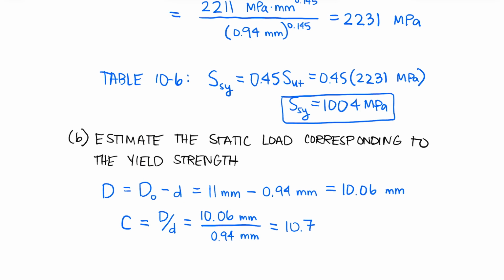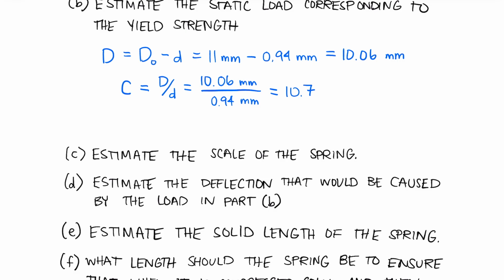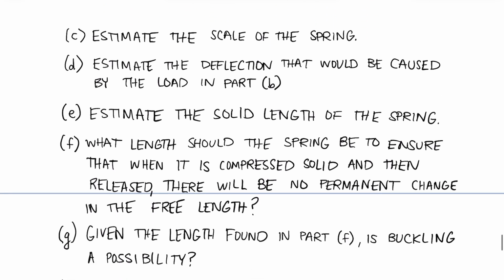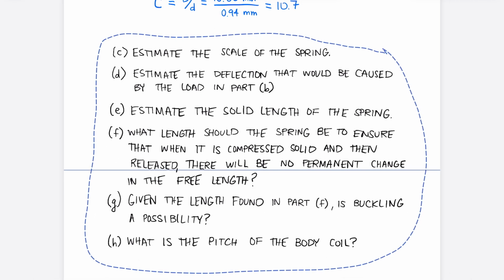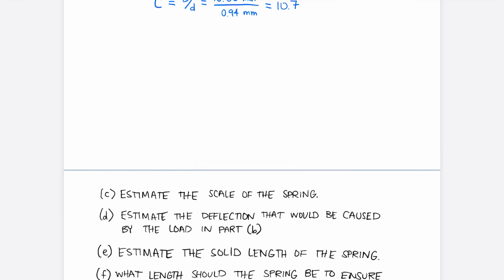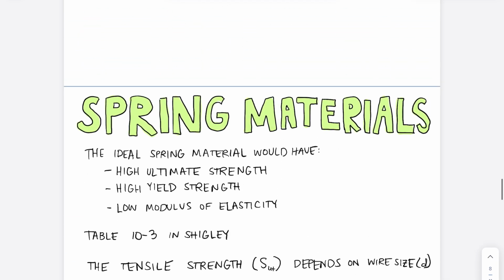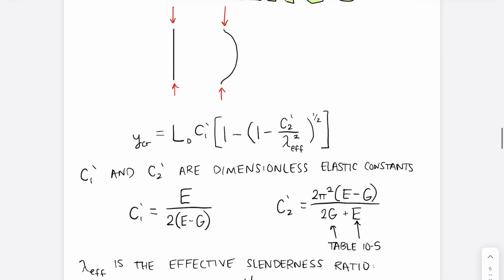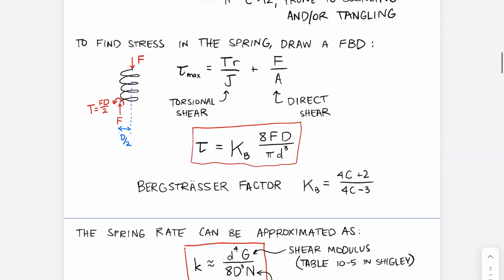Okay, now we can find our torsional yield stress, so our tau max. Let me move some of this stuff out of the way. Okay, remember that our maximum shear stress, let's just go up and find the equation again. It was this one.